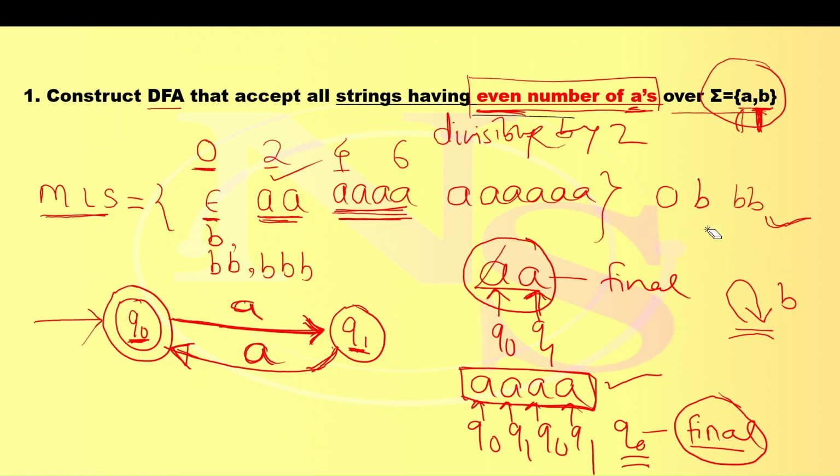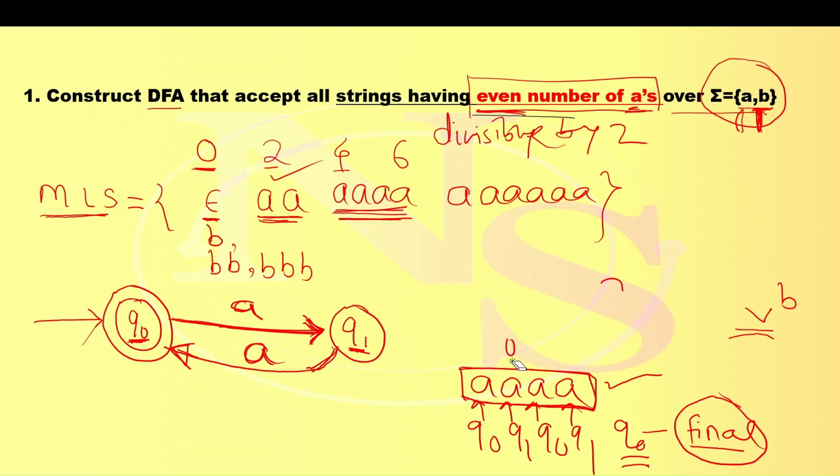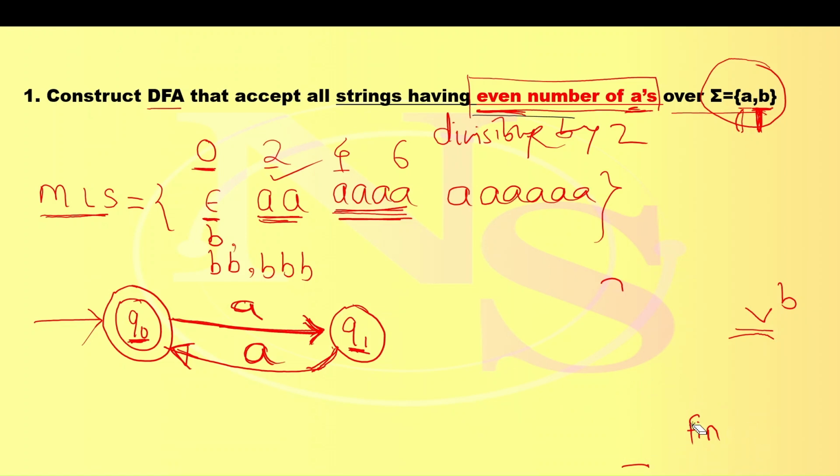So let me explain how you can resolve this and how you can find out the transition for B from both the states. It's very simple. For which symbol are you trying to find the transition? We are trying to find the transition for symbol B. From which state? From Q0. Write down both. From Q0 you are trying to find the transition for symbol B. Are you looking for only a single B, or is a double B also there?